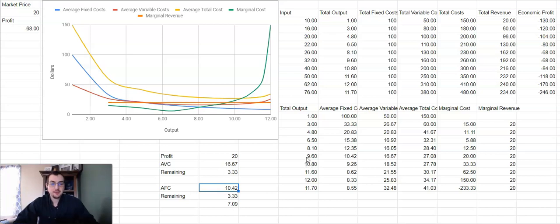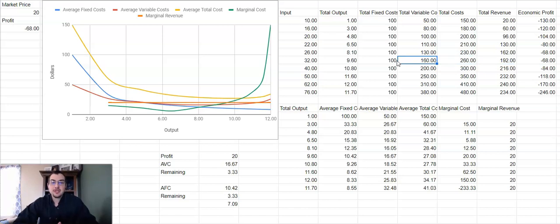So we're going to actually be producing at an output of 9.6 in this particular instance. So we come right here, we have an output of 9.6. We have a total revenue of $192, and we're going to take that total revenue and pay off all of our variable costs, which is $160.